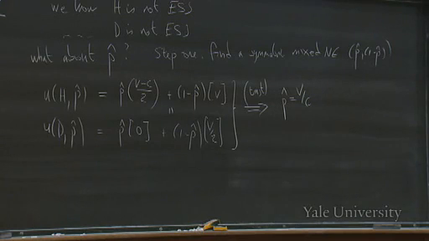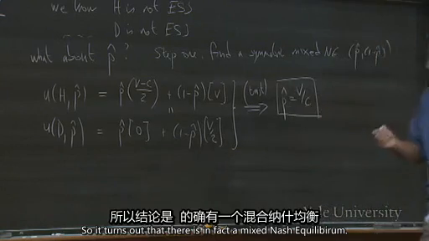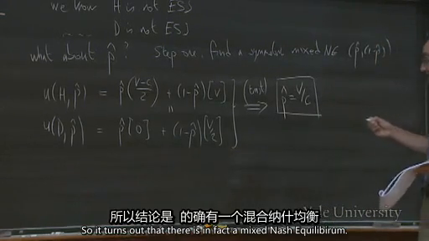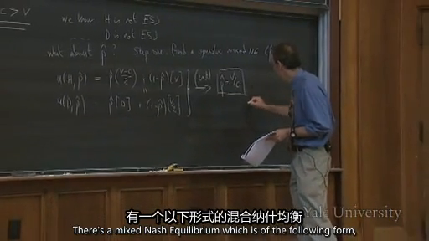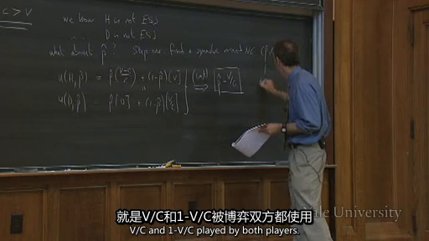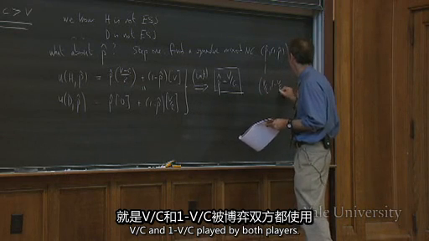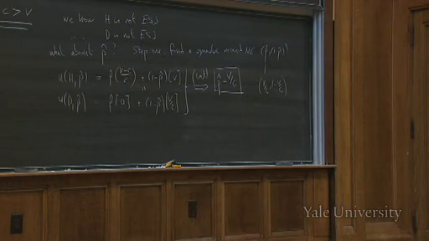All right? So it turns out that there is, in fact, a mixed Nash equilibrium of the following form: V on C and 1 minus V on C, played by both players.